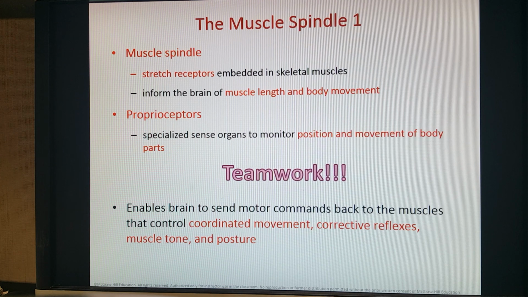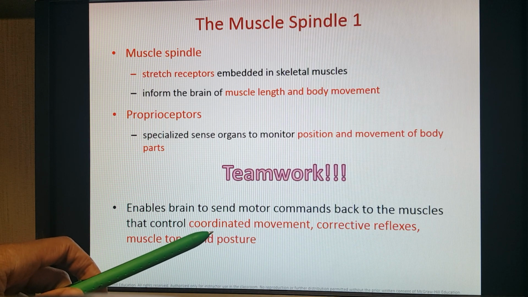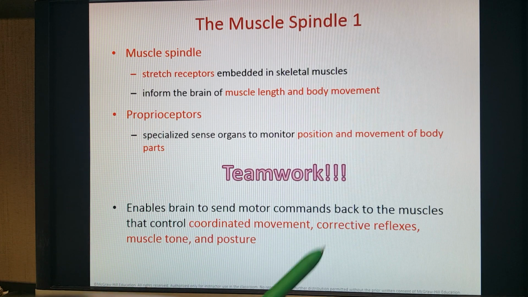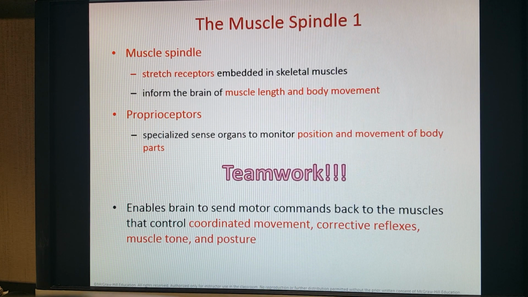They tell your brain all this information in order to, for example, coordinate movement, with everything working together in order to perform a specific action, or any kind of corrective reflex. So not only keeping your balance, but also moving away from painful stimuli, and helping to keep your muscle tone correct so that you're maintaining, for example, posture.